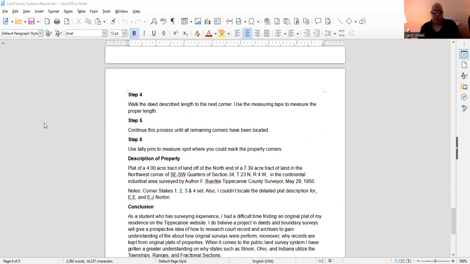Plot of a 4-acre tract of land off of the north end of a 7.39 acre tract of land in the northwest corner of the southwest quarter of section 34, township 23 north, range 4 west, in the Continental Industrial Area, surveyed by Arthur F. Burkle. T stands for township. He was a Tippecanoe County surveyor back in 1950, and notes, you must get everything off the plat because you have to note everything in the field book.